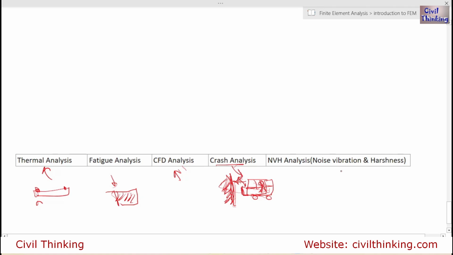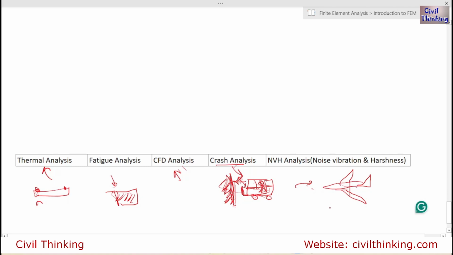Then we have noise vibration. For example, you have an aeroplane. When you are sitting inside the aeroplane, there is not much noise. The aeroplane is designed in such a way that when you stay inside, there is not much noise.